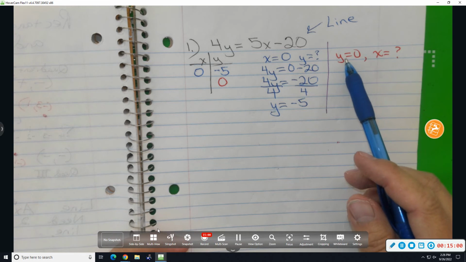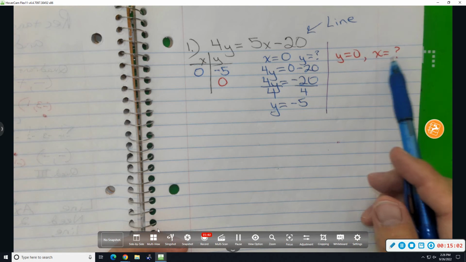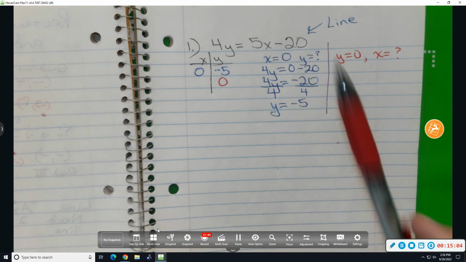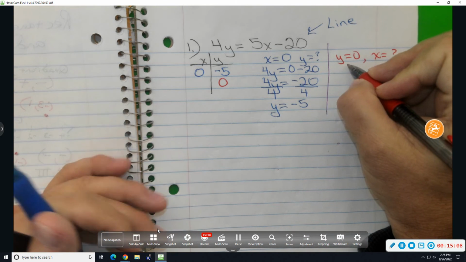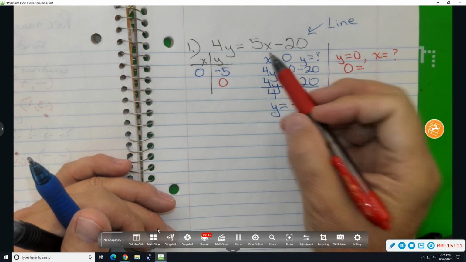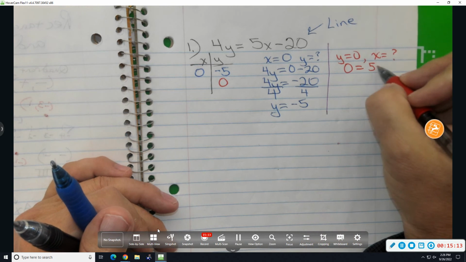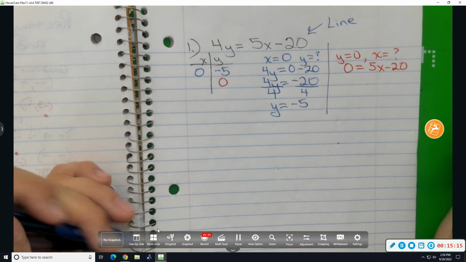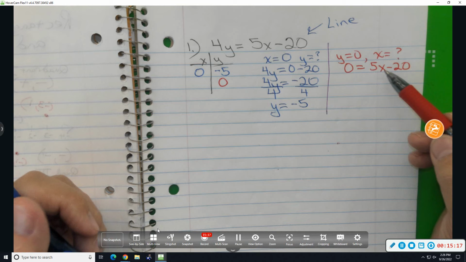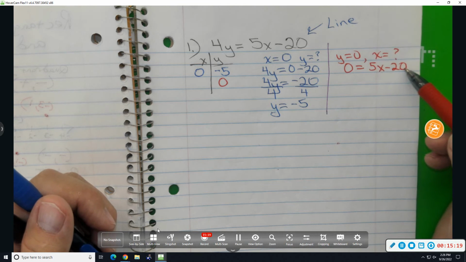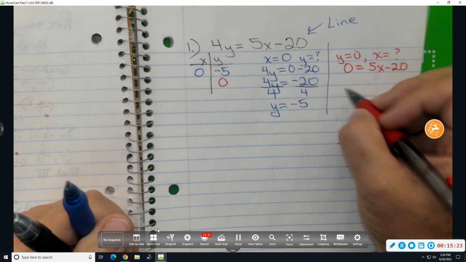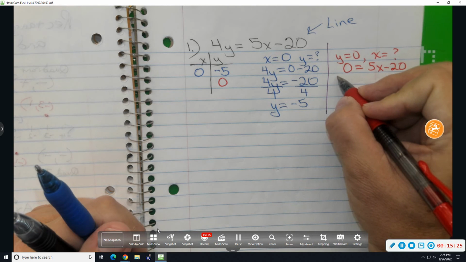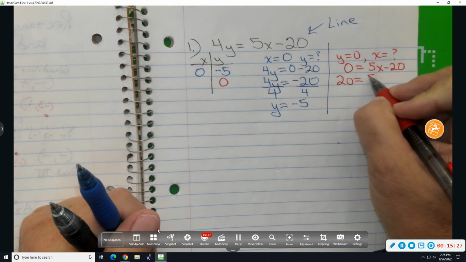So this says let y equal 0, solve for x. 4 times 0 is 0 equals, we have a 5x minus 20. Well, we've got to solve for x. I think I'd move this 20 over. Adding 20 to both sides, we'd have what here? 20 equals 5x.